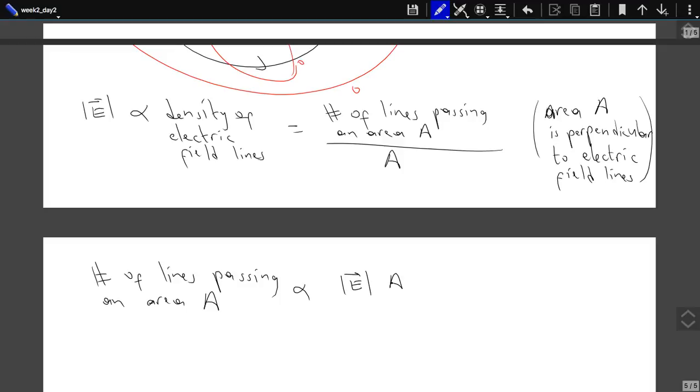And again, I repeat, this is true if the electric field is perpendicular to the area, or if you choose an area that is perpendicular to the electric field. And this is what we call the flux.